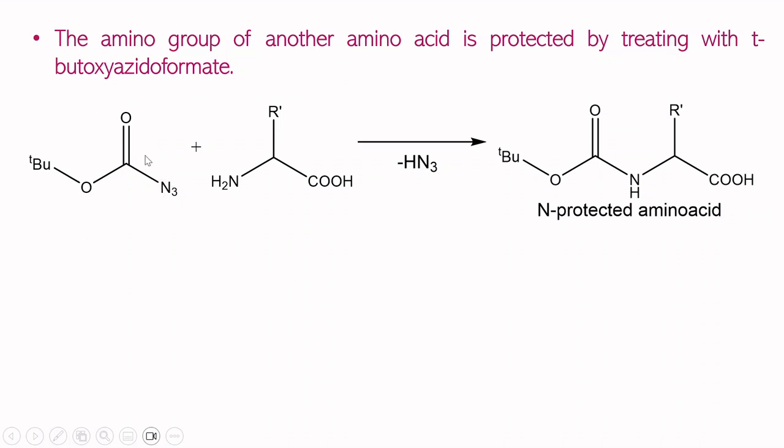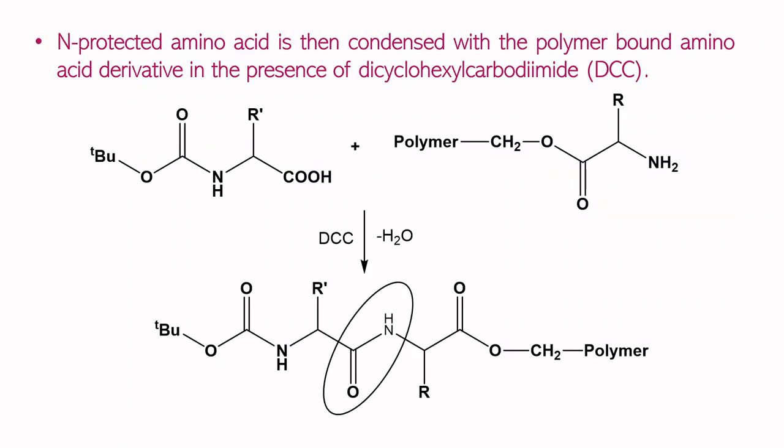Here, the azide group N3 will react with one of the hydrogens to eliminate hydrazoic acid, minus HN3, and then we will get COOH, CH, R dash, NHCO O tertiary butyl. This is the N-protected second amino acid.